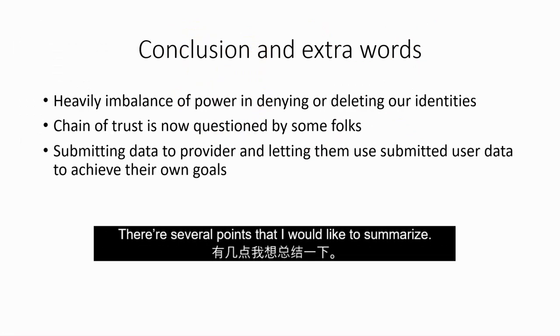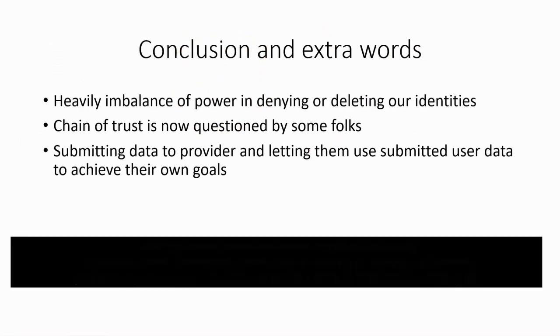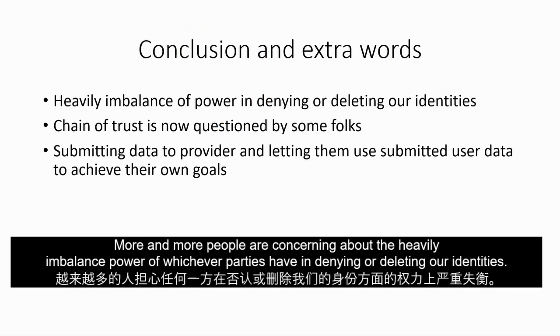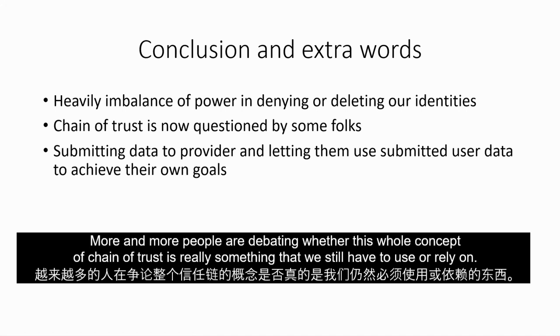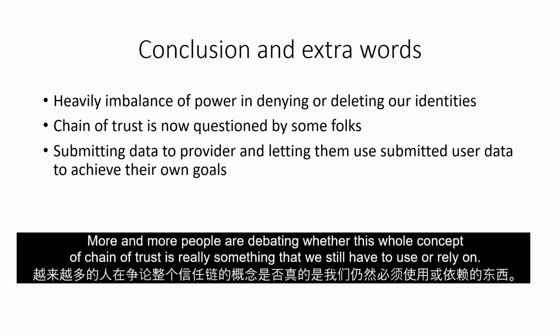There are several points that I would like to summarize. More and more people are concerned about the heavily imbalanced power that whichever parties have in denying or deleting our identities. More and more people are debating whether this whole concept of chain of trust is really something that we still have to use or rely on.